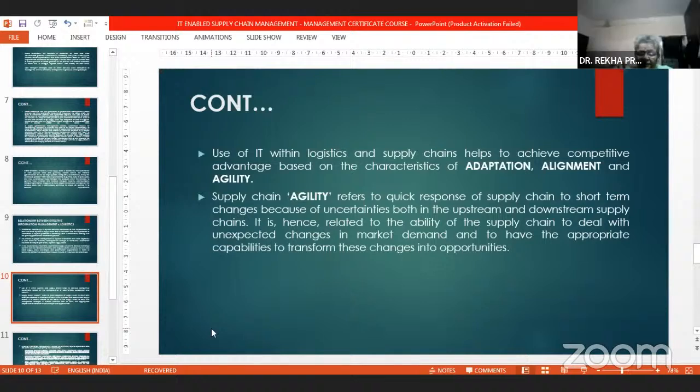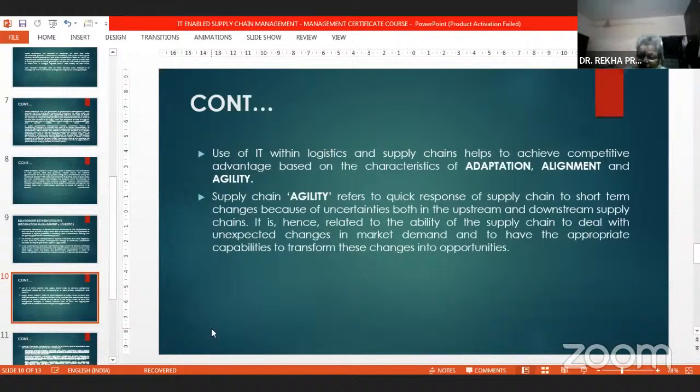So agility means how quickly, suppose something is changing in the environment, whether you are going upstream. Upstream means from the manufacturing sector to the warehouse, to retailers, to consumer, and downstream is from raw material to manufacturing. Anywhere, if there is any change, immediately it gets the information and it adapts itself accordingly and makes itself aligned to the new process.